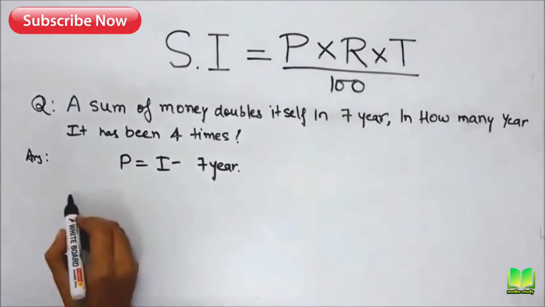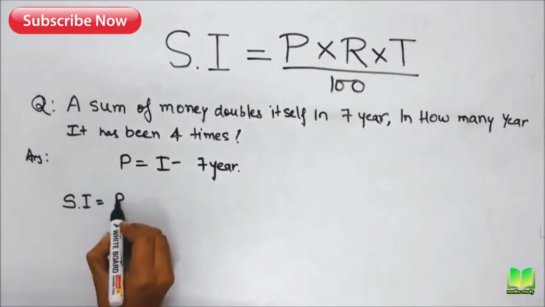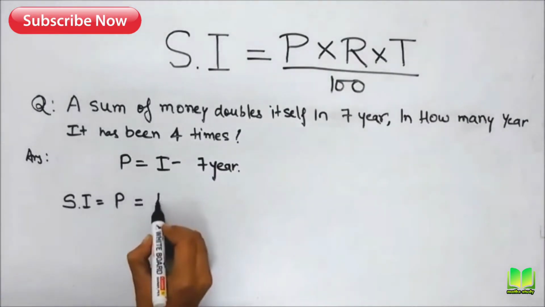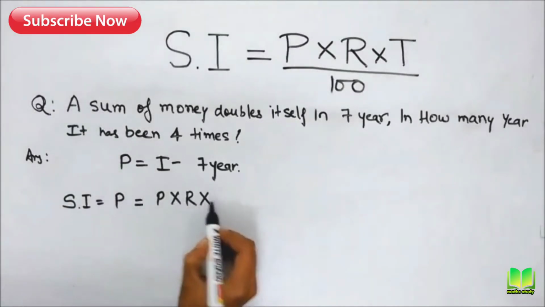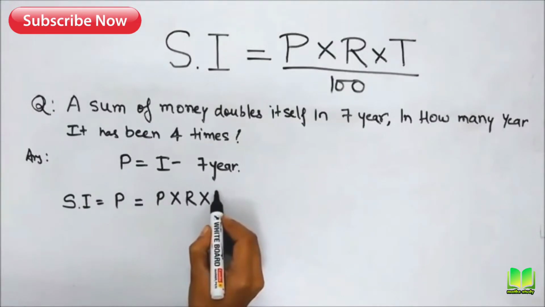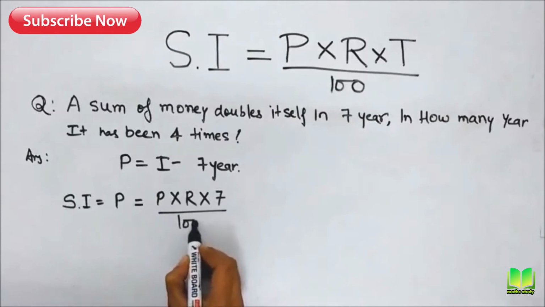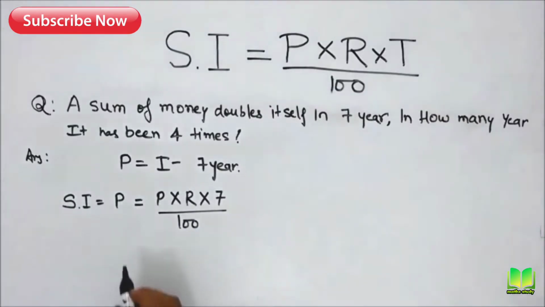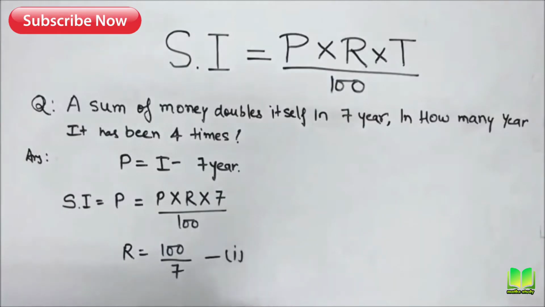According to the formula, simple interest is equal to P into rate of interest, here time given is 7 years, divided by 100. From this equation we find the value of R, and R is 100 by 7. We will use this value of rate in the second part of this question.